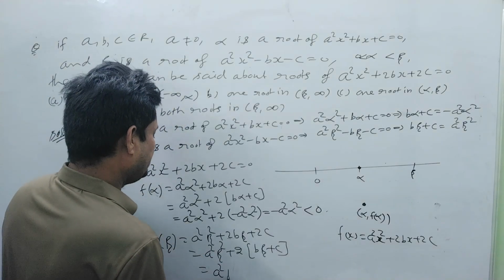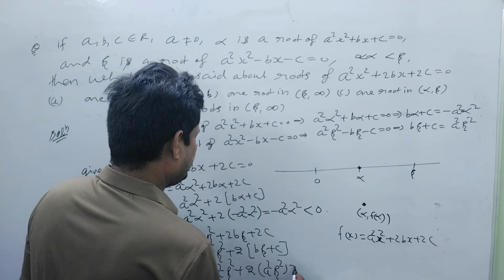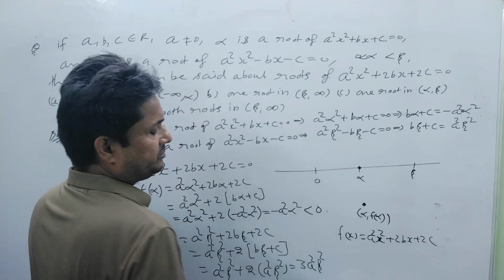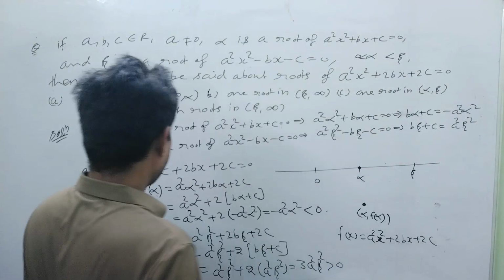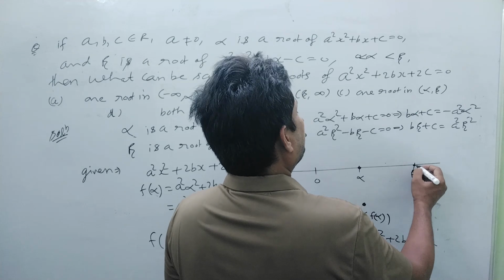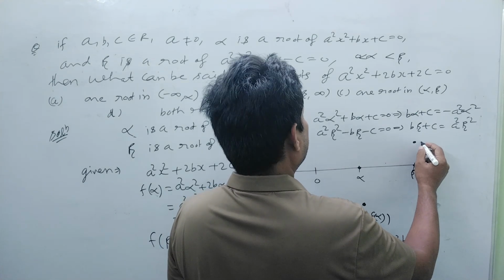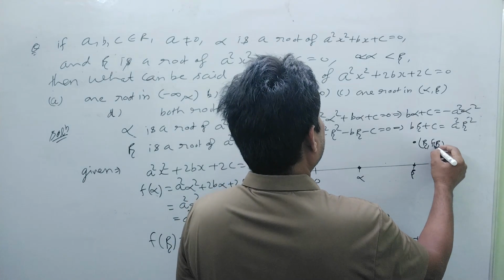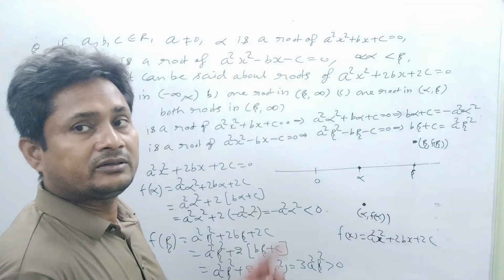Substitute this value here: a²beta² + 2 times a²beta². So it is coming 3a²beta², and a²beta² is a positive number. So f beta is coming a positive number. So I am marking here that at x equals beta, it is giving a positive number. The coordinate of this one is beta comma f beta. This is a positive value.